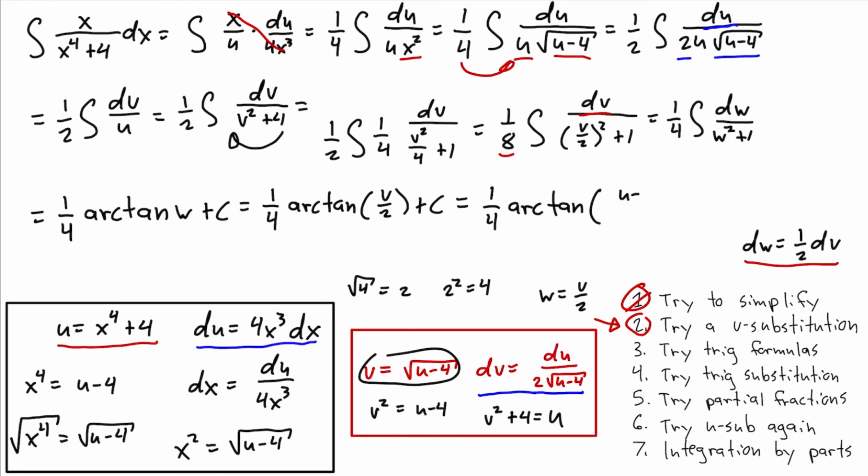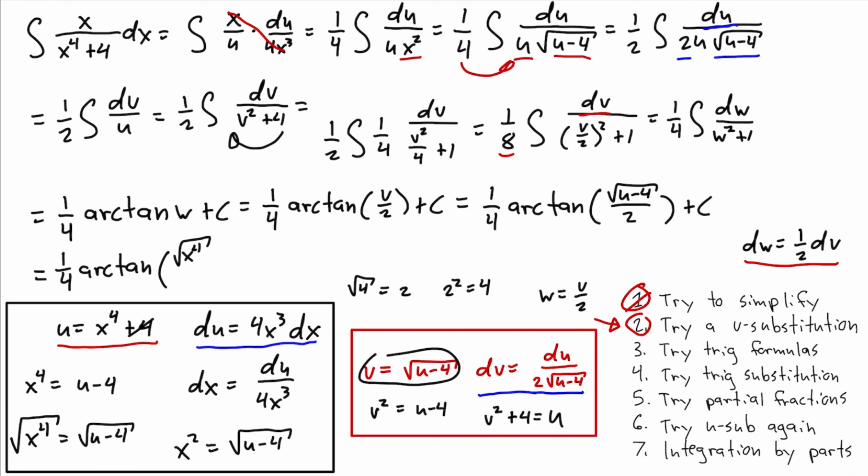So we got u minus 4 plus c. And then we can do one final one here because, again, our question was originally given to us in terms of x. And so we have 1/4 arctan of, drum roll please, x to the 4th, and this plus 4 and minus 4 are gonna cancel out.